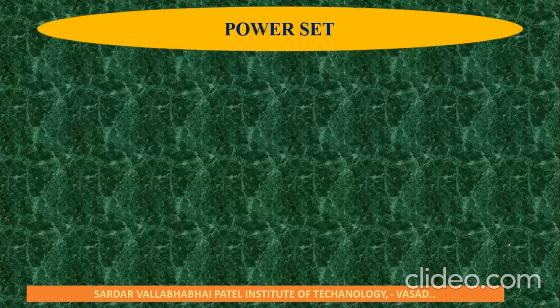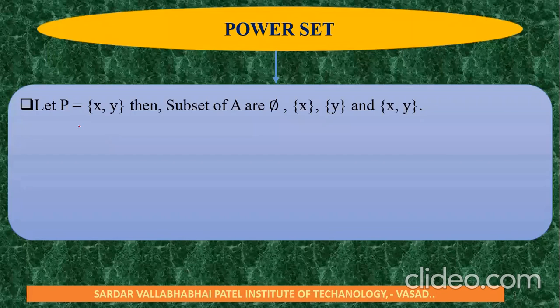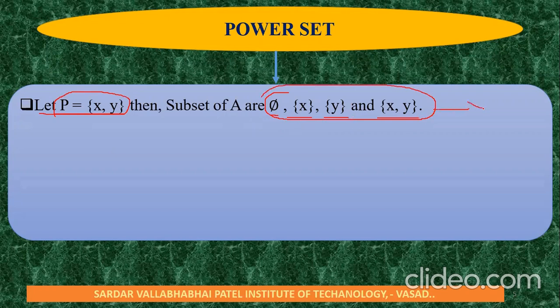Now the next topic is the power set. So how do we define the power set? This is very simple. Suppose we consider a set P equal to {x, y}. Now what are the possible subsets of P? Phi, {x}, {y} and {x, y} itself. So all the subsets of the set P, that means phi, {x}, {y} and {x, y}.